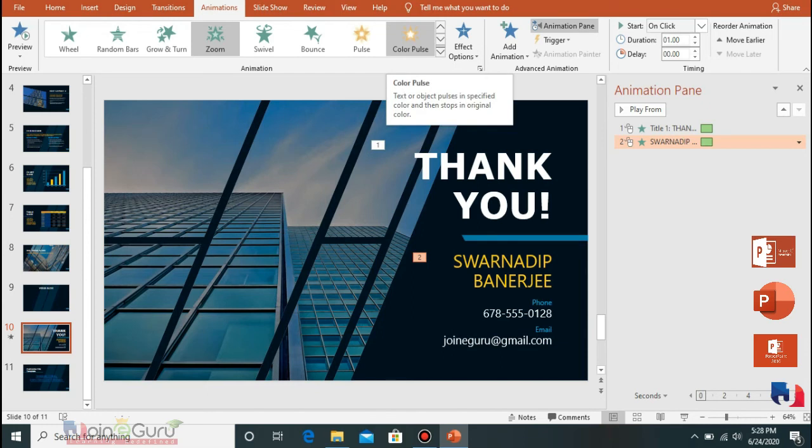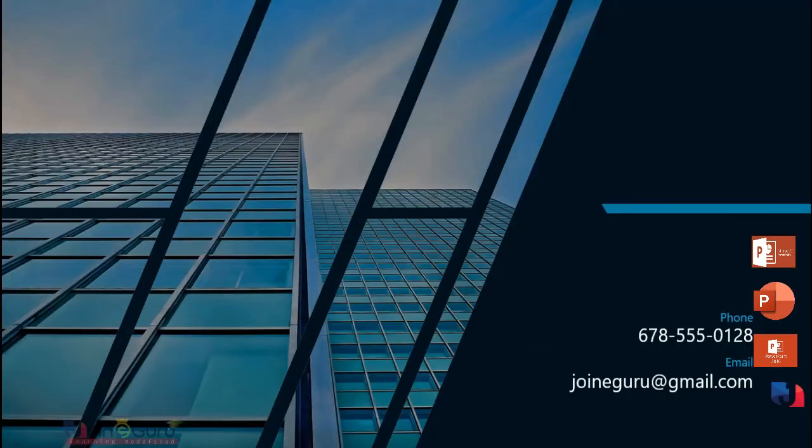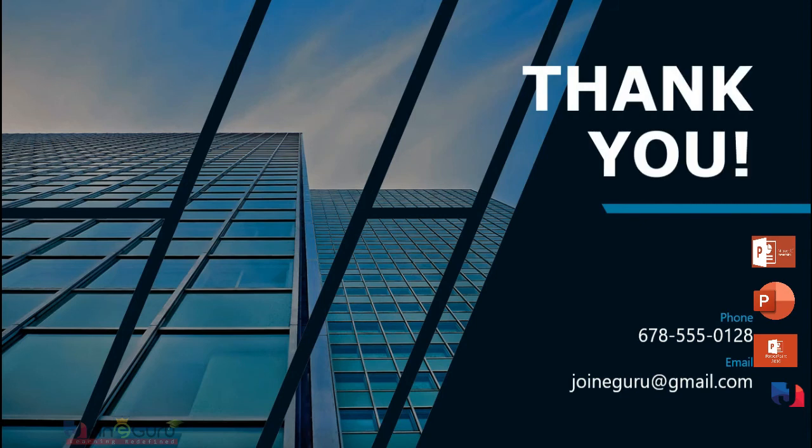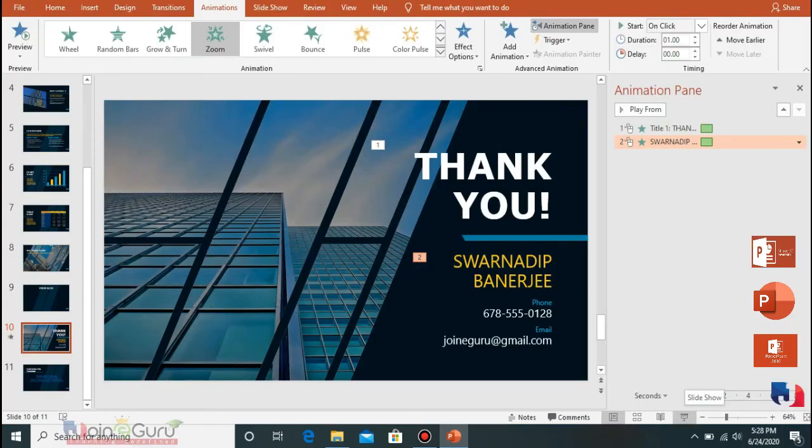Press Shift and F5 at a time, or you can click this option on the status bar, slideshow. I'm clicking on this icon, hit enter and hit enter. To go back to the normal slide view, you can press escape.